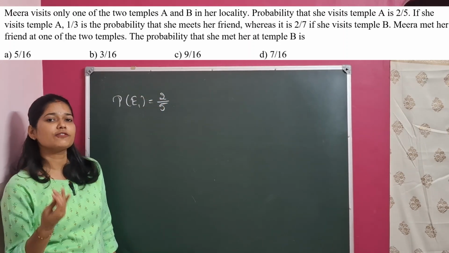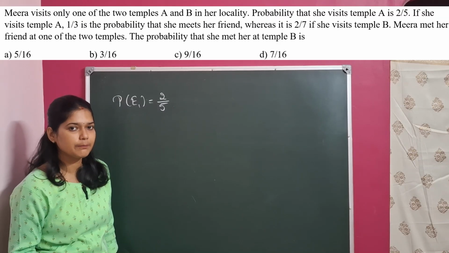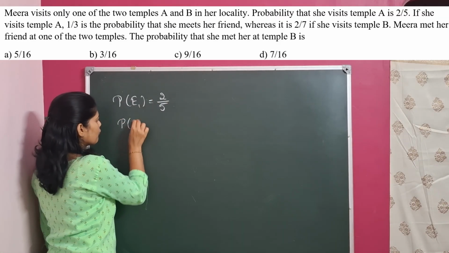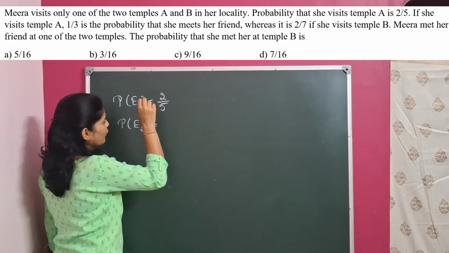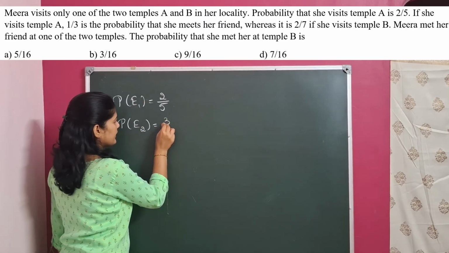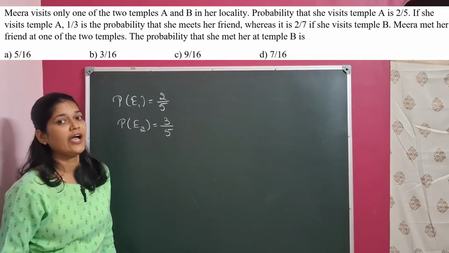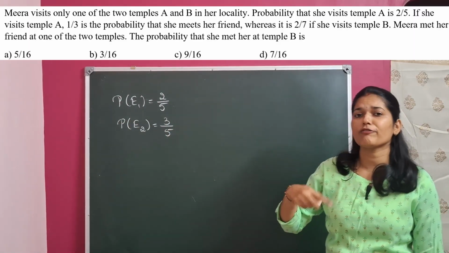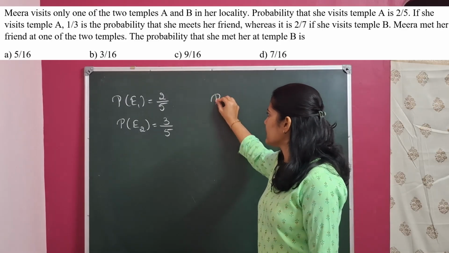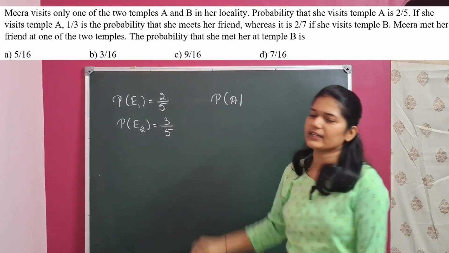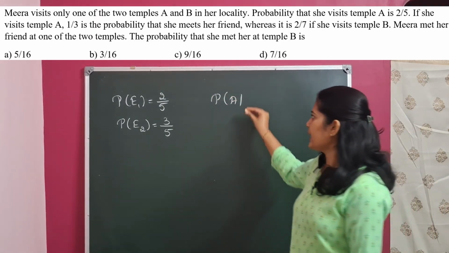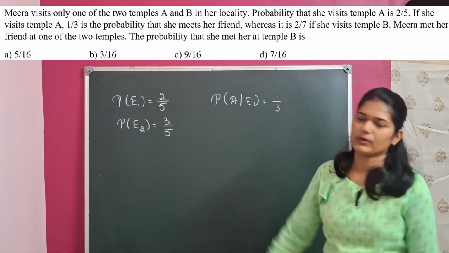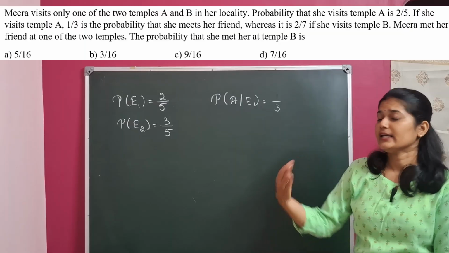Then probability of visiting temple B is nothing but except temple A. Therefore, probability of E2 will be 1 minus 2 by 5, that is 3 by 5. And also it is given that in temple A, the probability of meeting her friend, let us assume A is the event of meeting her friend, A given E1 will be 1 by 3 because the probability is given as 1 by 3.